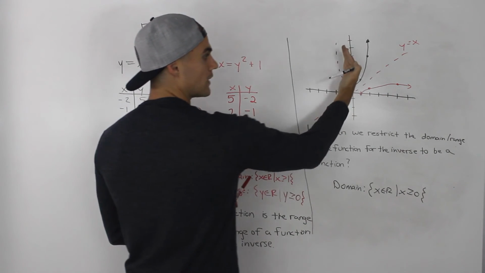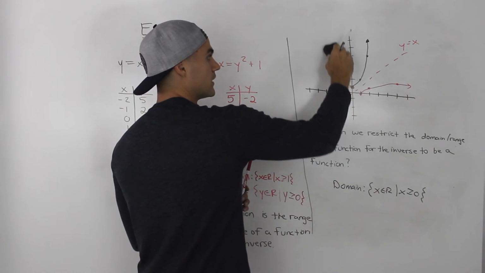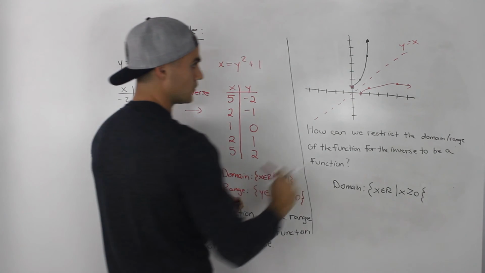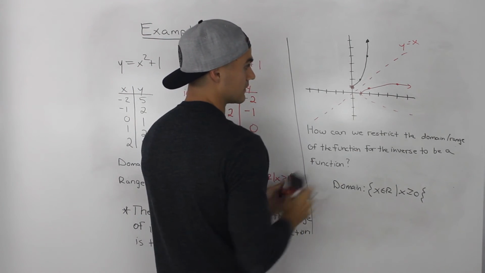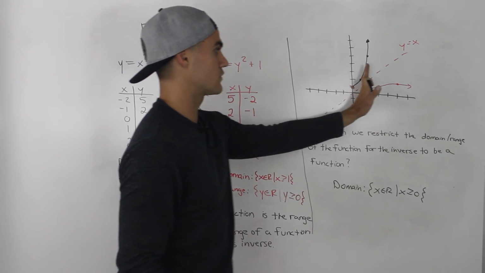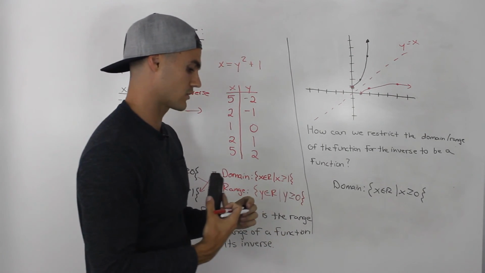If we restrict the domain of the original parabola to be x is greater than or equal to 0, we get rid of this left leg, and then as a result we get rid of this bottom leg, that left leg reflected. And then if we get rid of the bottom leg in the inverse, that means the inverse now would be a function because it passes the vertical line test.